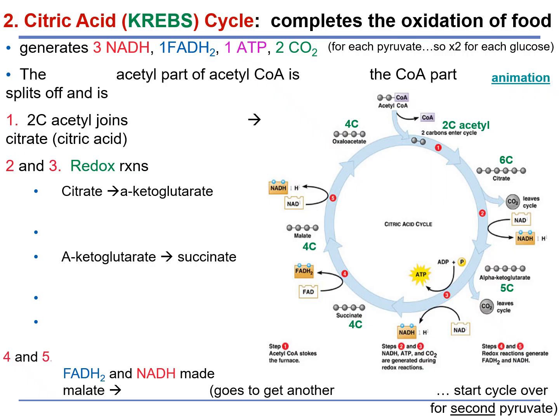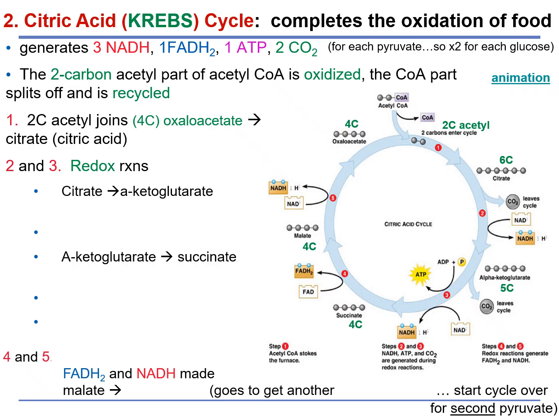The 2-carbon acetyl part of acetyl-CoA is oxidized, and the CoA part splits off and is recycled. The 2-carbon acetyl joins and forms a 4-carbon oxaloacetate, and then there are redox reactions that take place.